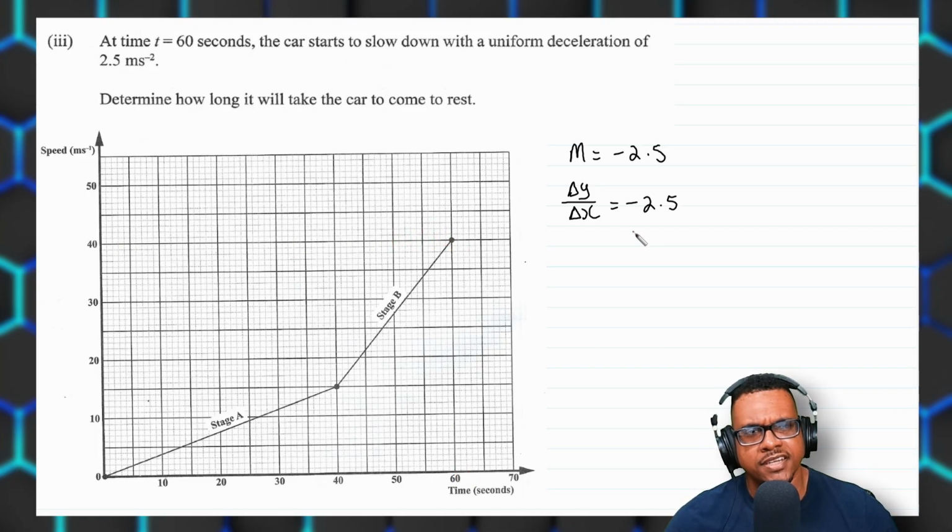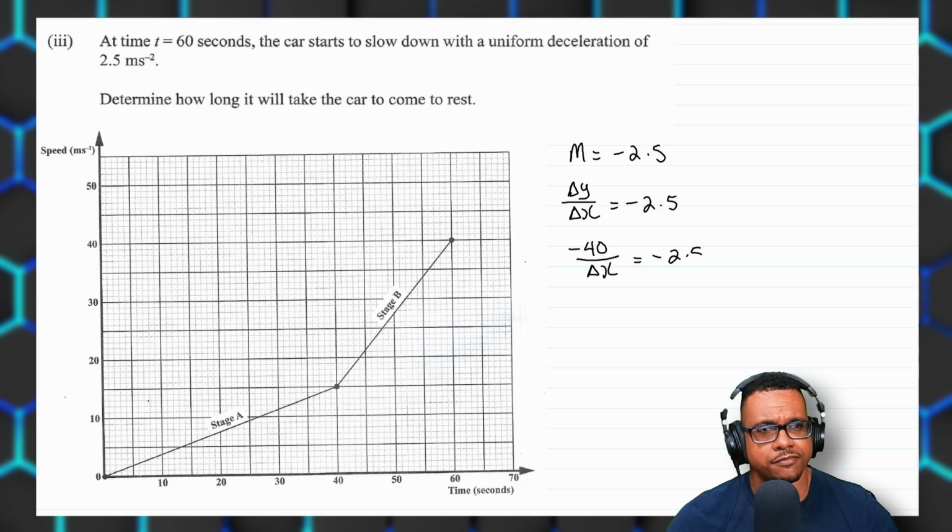Now, usually when we have a negative gradient, we represent the change in y as negative. So I represent that as negative 40. So we have negative 40 over the change in x is equal to negative 2.5. If you want to get rid of the negative signs, you could do that, because if here's negative and here's negative, then 40 over the change in x is just 2.5.